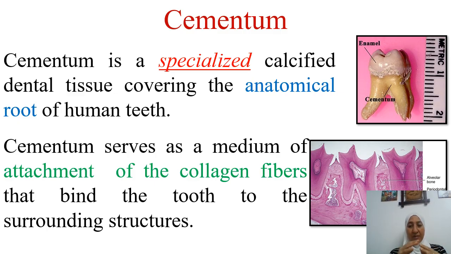The periodontal ligament fibers insert themselves inside this layer of cementum, and the fibers of the periodontal ligament that enter the cementum are called Sharpey's fibers. Thus, cementum serves as a medium for attachment of Sharpey's fibers of the PDL.